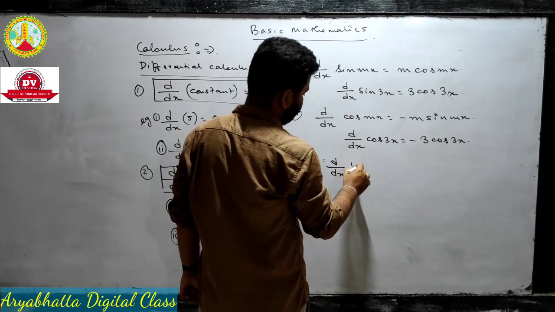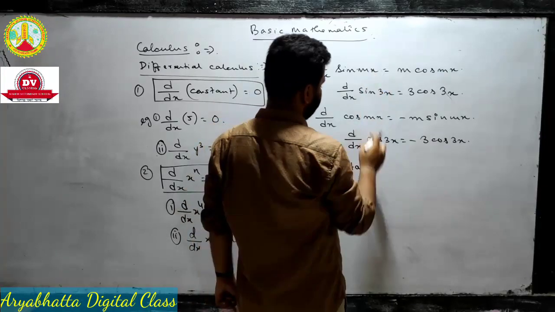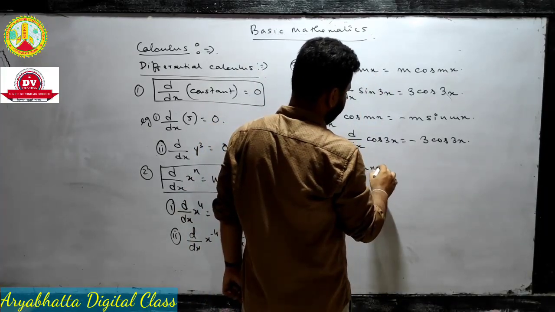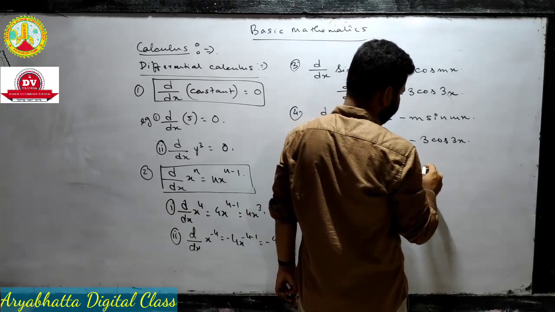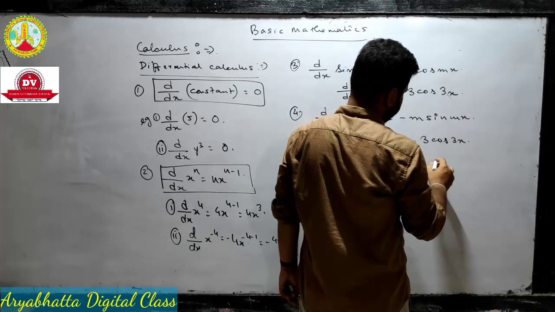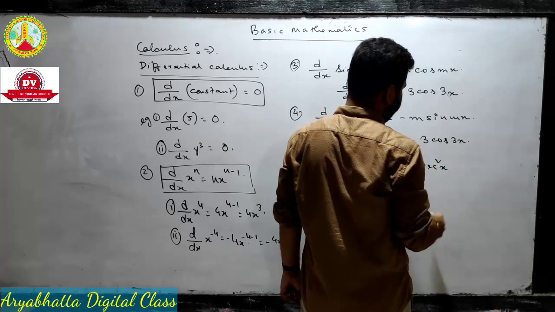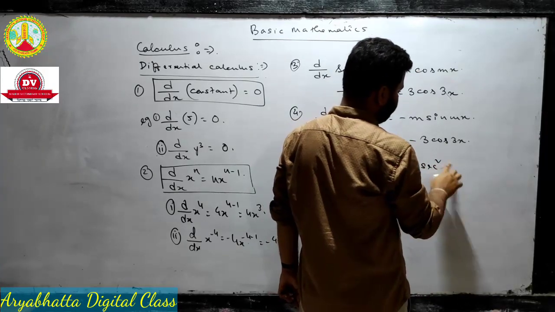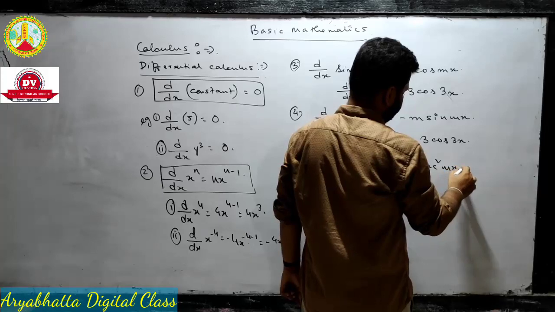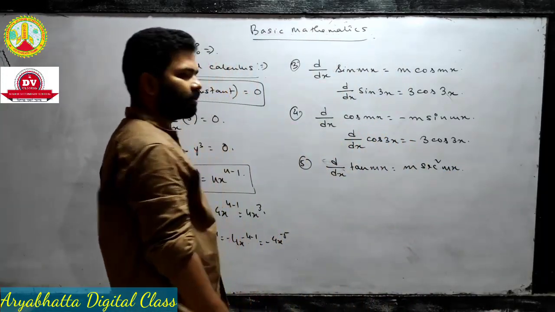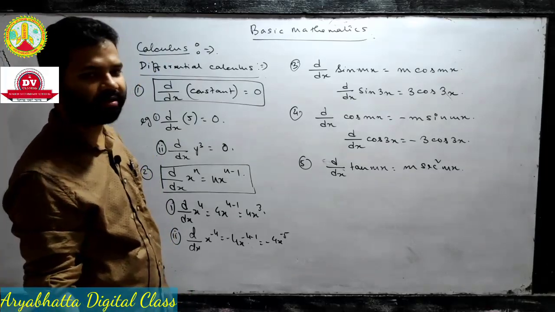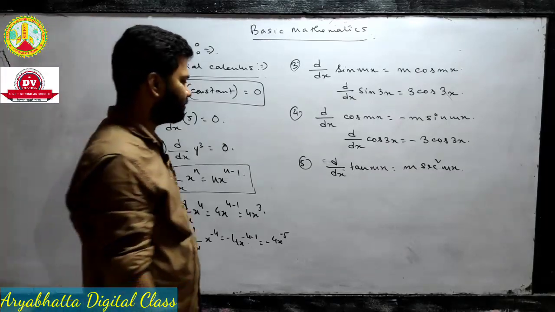Number 5, d/dx of tan mx, it will be m sec square mx. Done. So this is about d/dx of sin, cos and tan. We do not need the rest.